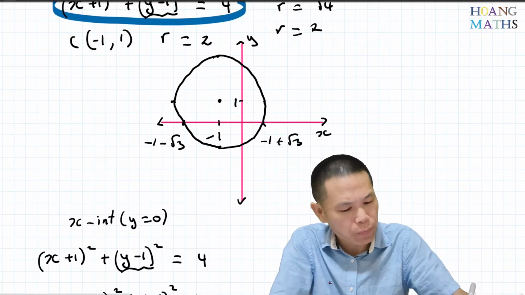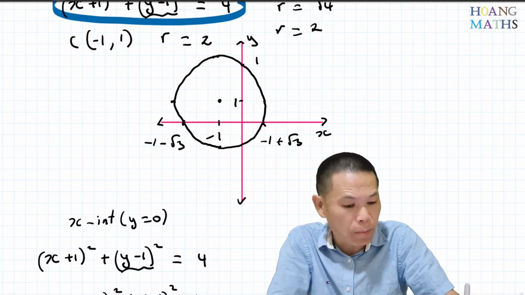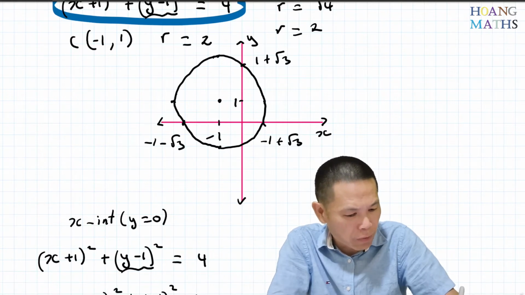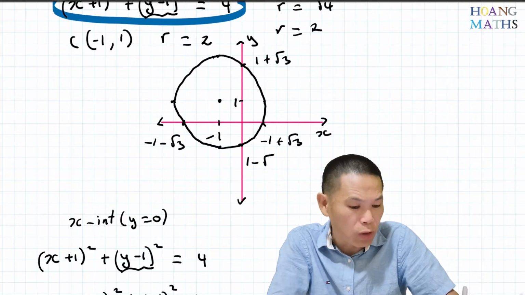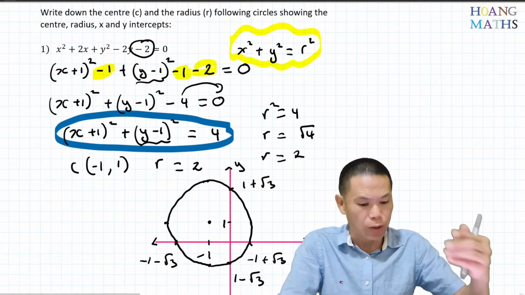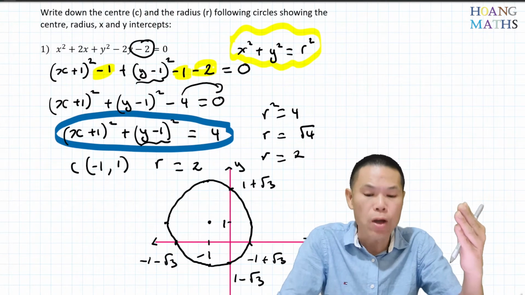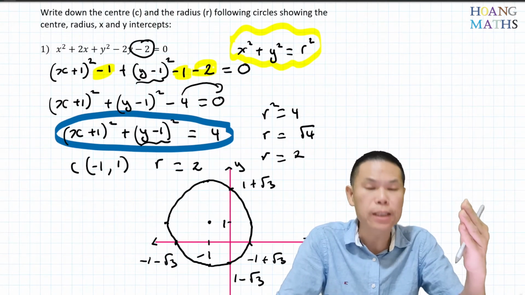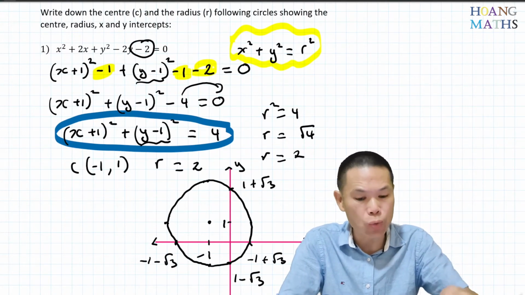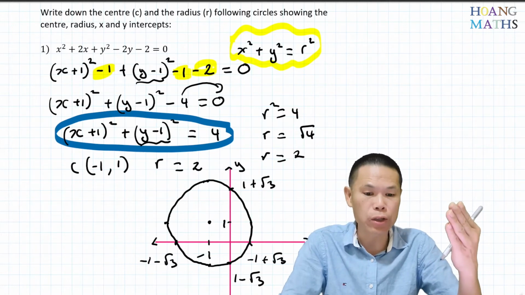So this one here is positive, 1 plus square root of 3. And this one here is 1 minus square root of 3. So there you go. This is the circle for x squared plus 2x plus y squared minus 2y minus 2 is equal to 0.